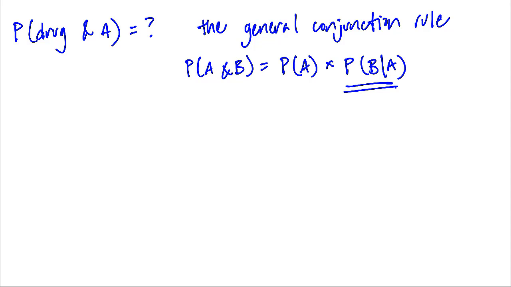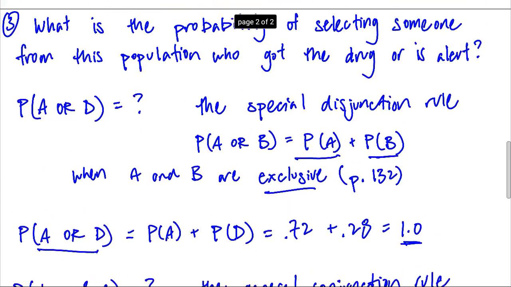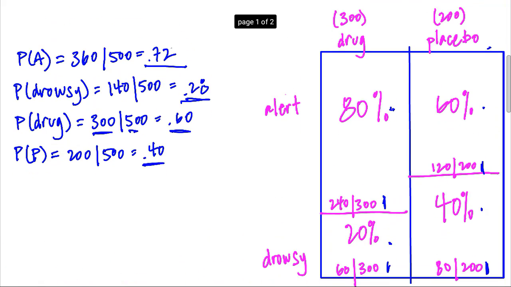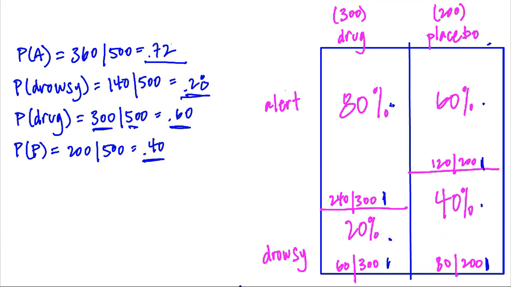So we're using the general conjunction rule here because our variables are associated. Recall we can tell that treatment and whatever we want to call the variable that we have here on the side, alertness level or something, these two variables are associated because these proportions are different, 20 and 40, 80 and 60.